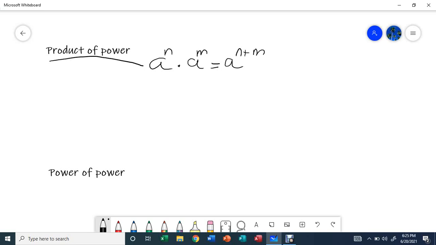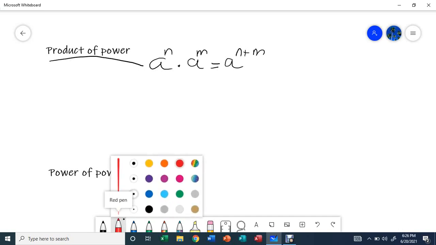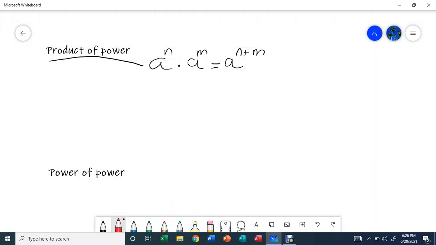Example. So let's go with an example here. Same base, like 10 to 4 times 10 to 5.